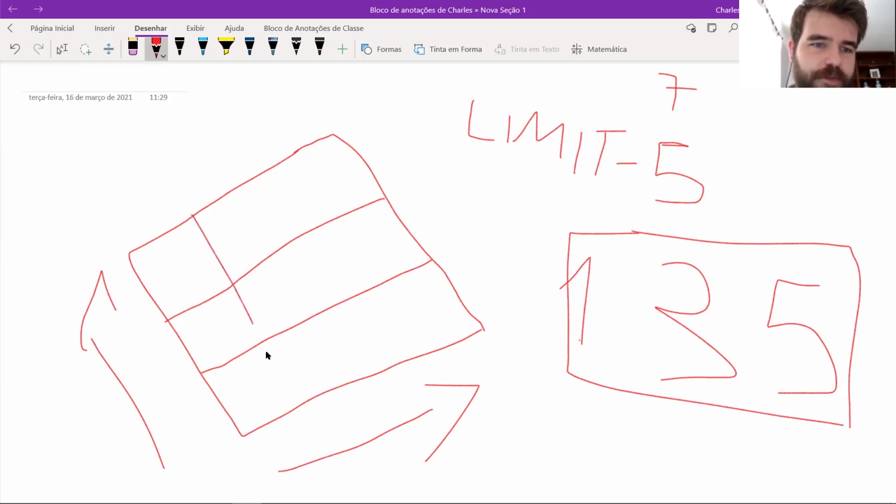So here I put 3 diagonals. In the center of the diamond, we put all these numbers.